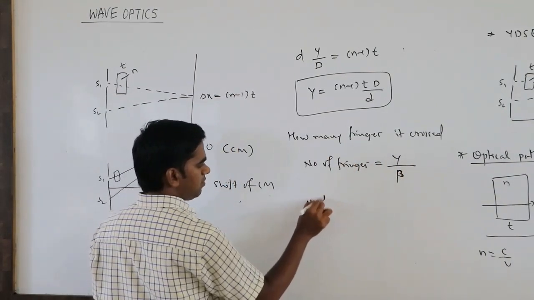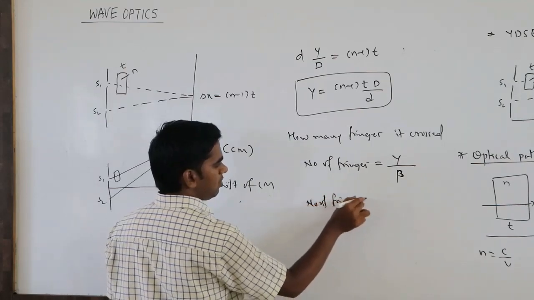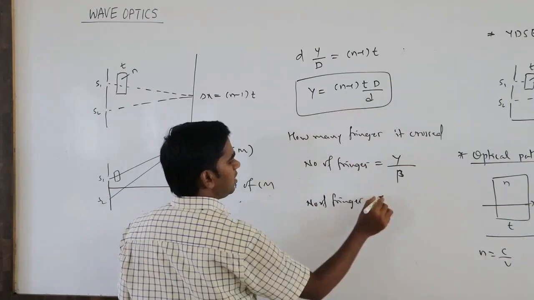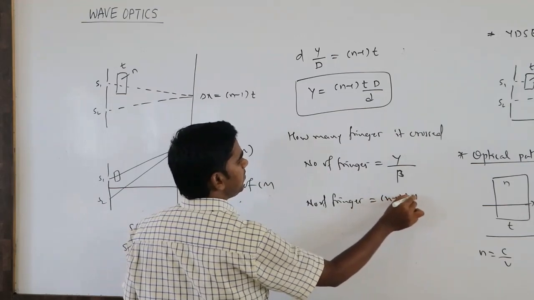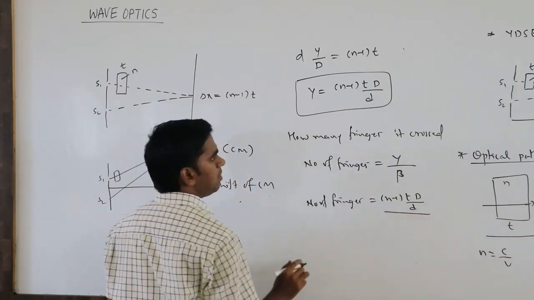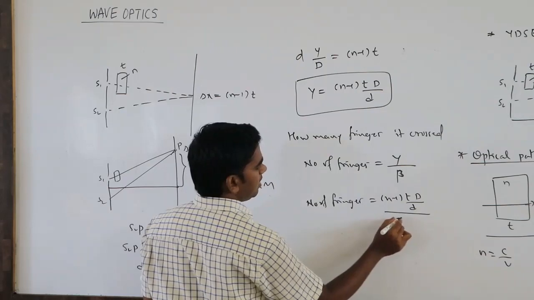So number of fringes crossed equals (n minus 1) into T into D divided by d, whole divided by beta.